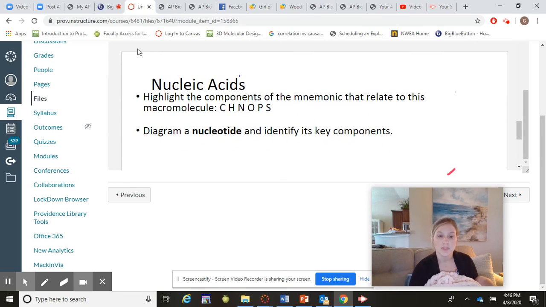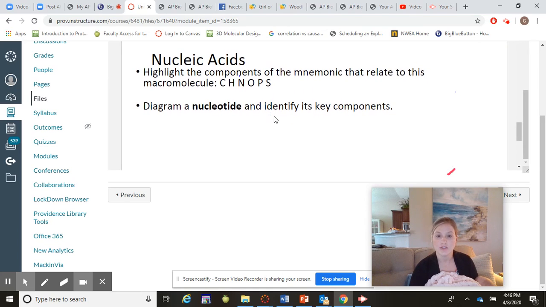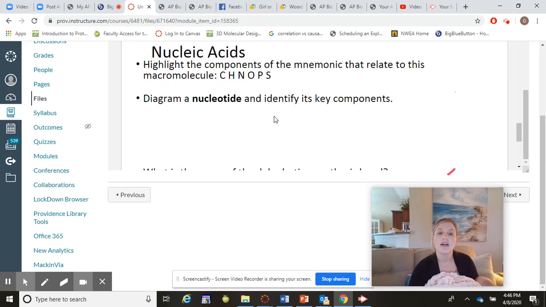Nucleic acids, remember, they have carbon, hydrogen, oxygen, they have phosphorus, and they don't have sulfur. And they do have nitrogen as well. A nucleotide, remember, is going to be a 5-carbon sugar. It can be ribose in RNA or deoxyribose in DNA. It has a phosphate, and then it has the base.